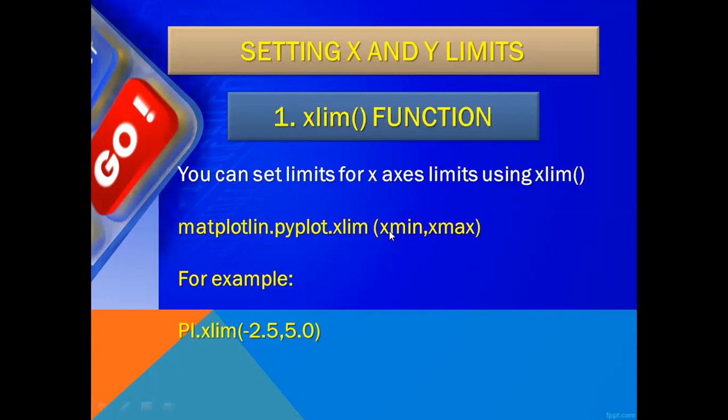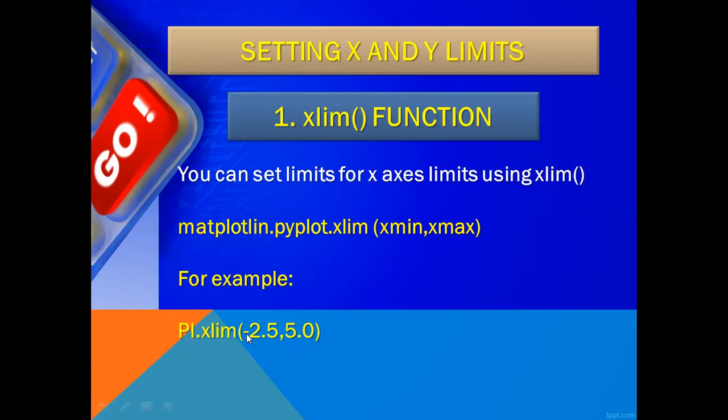So this takes xmin and xmax. What is xmin? The minimum value, and xmax means the maximum value. For example, I am writing here pl, which is the pyplot reference name, dot xlim.